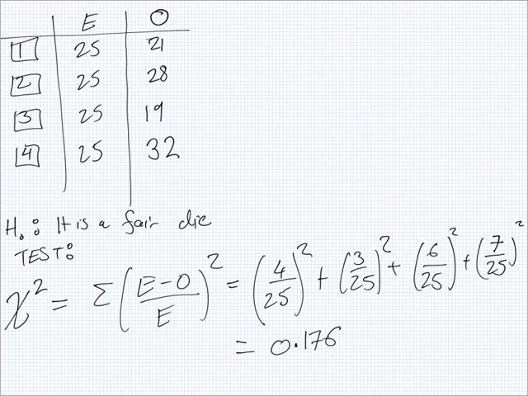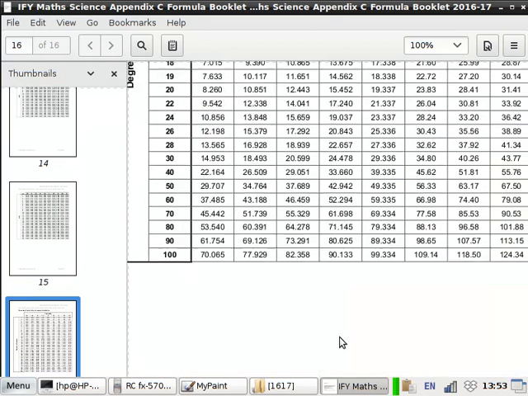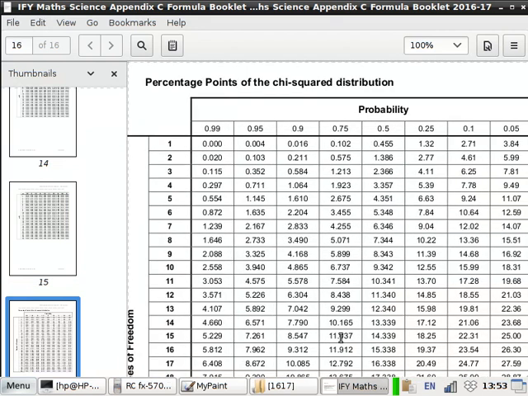So, what do we interpret this number to mean? In other words, if this number is bigger, is that good or bad news? Bad. So there must be some limit where if it's too big, we say no, it's not fair. And we get this from the table. In the formula book, there's a table, I think it's on the last page. Okay? On the side here is called the degrees of freedom.